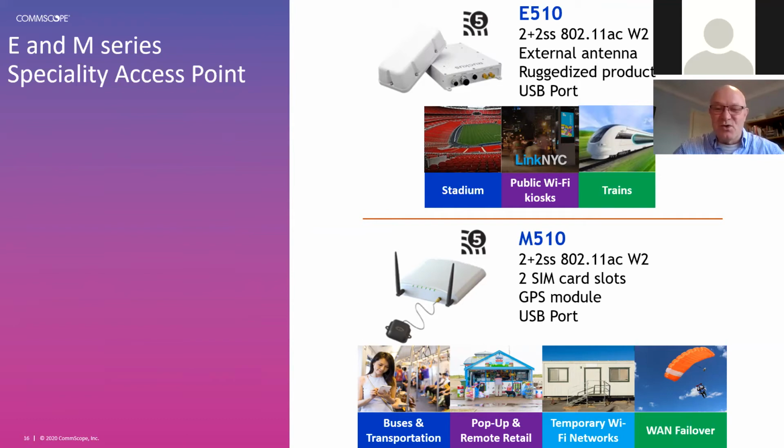And also for mobile hotspot environments, the M510, which gives you a dual SIM Wi-Fi hotspot with Wi-Fi 5 capability. And of course, the added benefit is they're still managed by the same controller platform. So you're taking your mobile one as well as your existing indoor and outdoor ones into the same management plane.